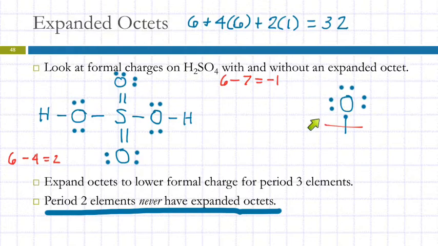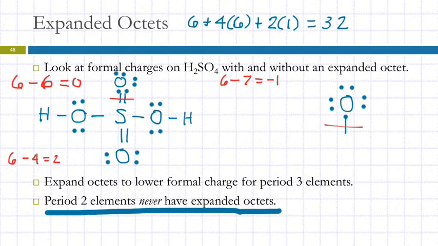And so oxygen brought 6 electrons to the molecule, and if we cut that bond in half, oxygen's going to leave with 7. So 6 minus 7 is negative 1. When we've got that double bond and cut that in half, there's 1 electron here and 1 electron there. Now oxygen brought 6, and it's leaving with 6, and so it has a formal charge of 0.